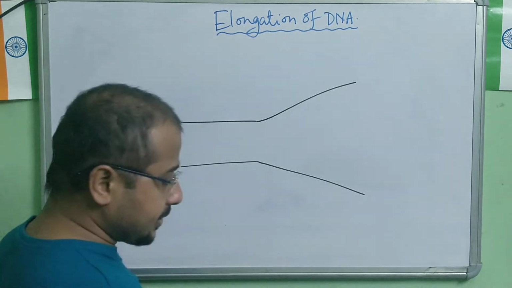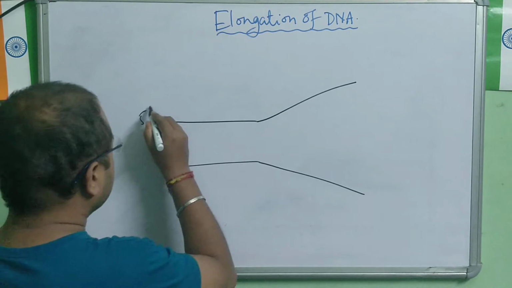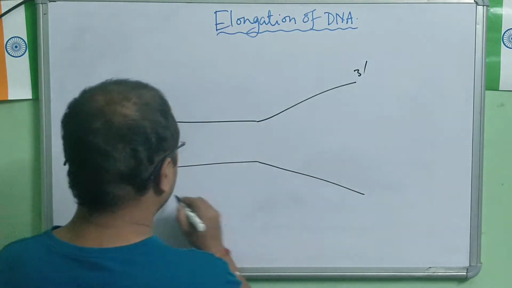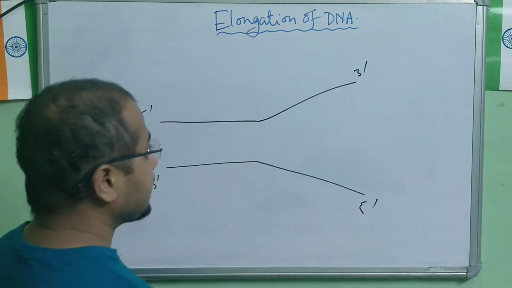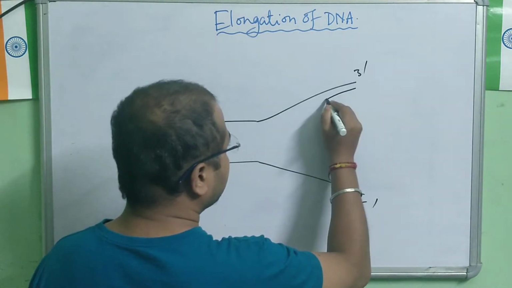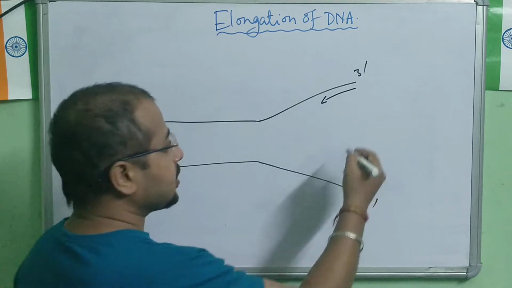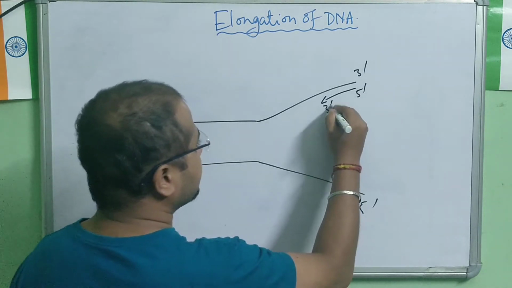If this is the 5 prime end, this is the 3 prime end, and this is the 3 prime, so this is the 5 prime end, opposite polarity. The RNA primer starts developing in this direction, 5 prime here, 3 prime here.